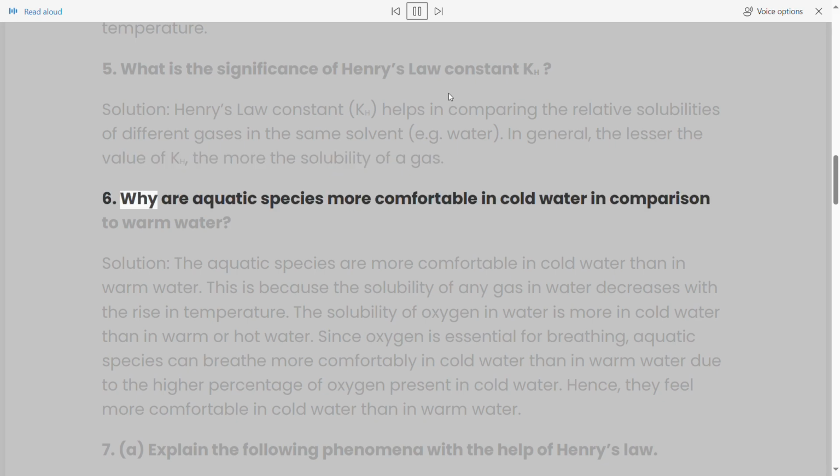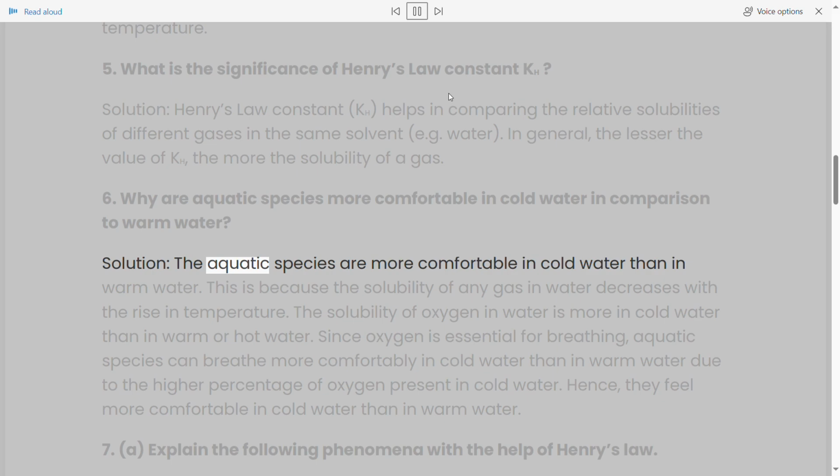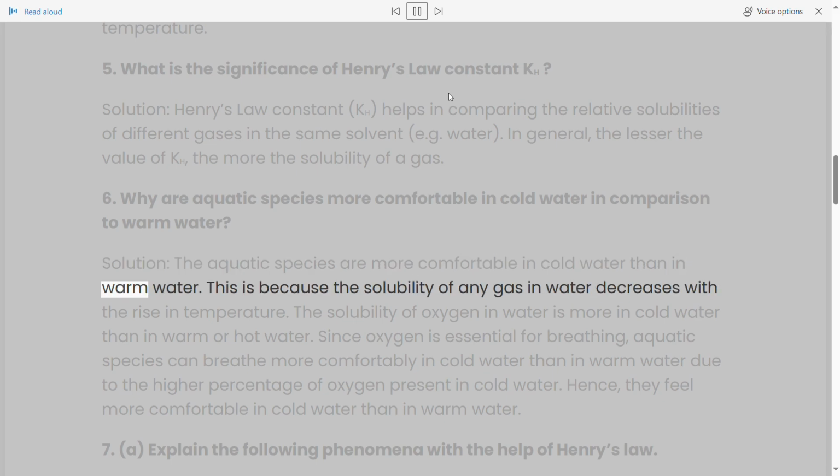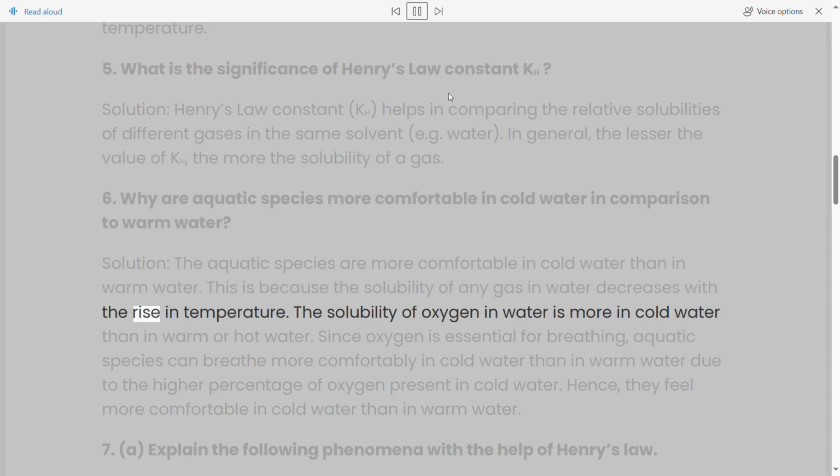6. Why are aquatic species more comfortable in cold water in comparison to warm water? Solution. The aquatic species are more comfortable in cold water than in warm water. This is because the solubility of any gas in water decreases with the rise in temperature.